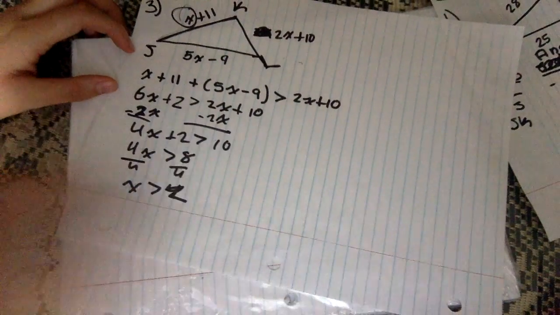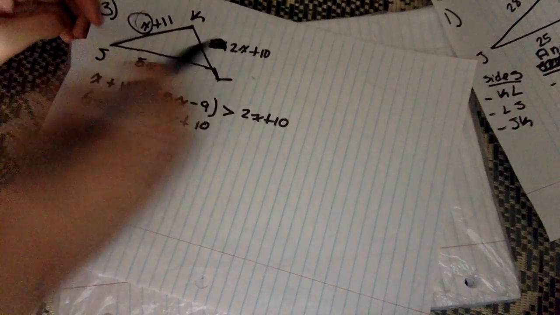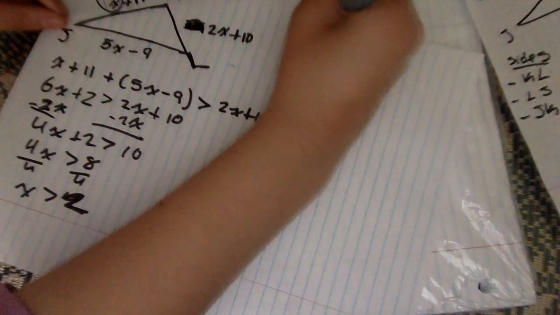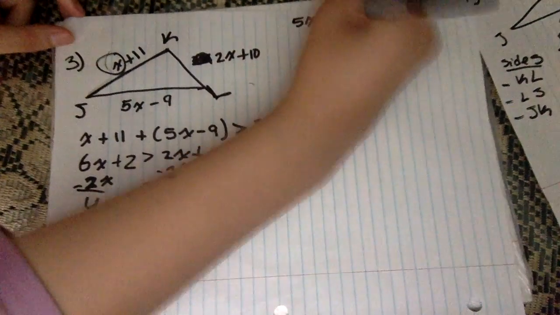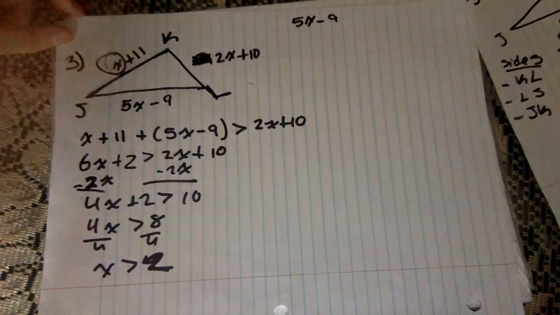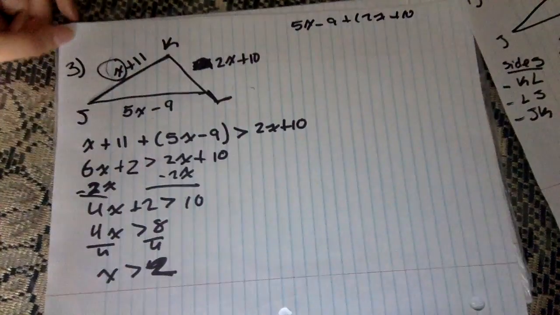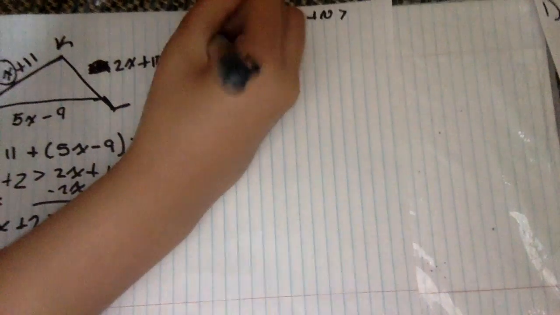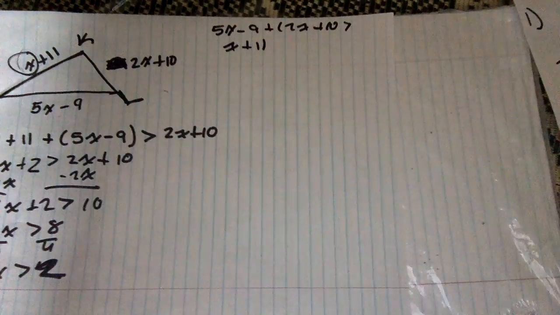Wait, math is horrible too. So we did those sides, so now let's do these two sides. So 5x minus 9 plus 2x plus 10 is greater than x plus 11.